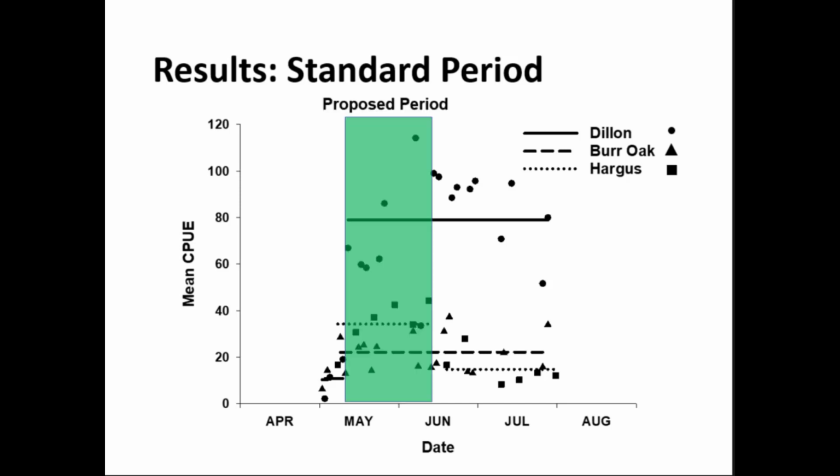But we were able to find a period where the high catch per unit effort overlaps in all these reservoirs, which for our case here was the proposed standard period. And this was roughly mid-May to mid-June. Water temperature was 17 degrees to 28 degrees.